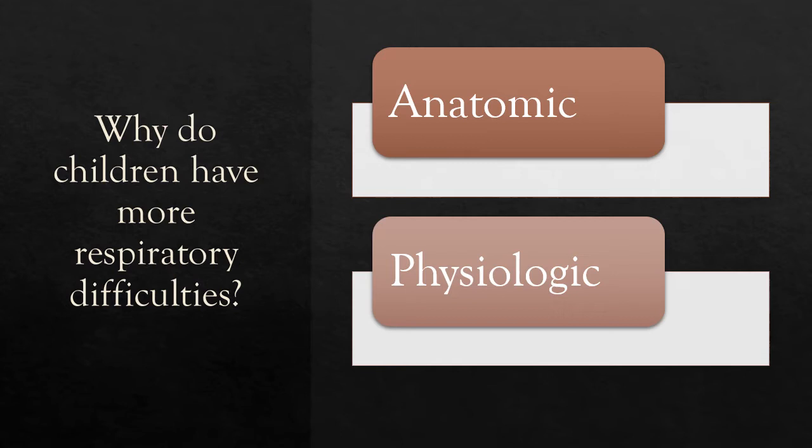Compared with an adult, the anatomy of an infant and small child's airway contains several differences and functional limitations. For one, the epiglottis is long, floppy, and angled away from the tracheal axis. It covers the laryngeal opening because of poor support by the surrounding tissue.